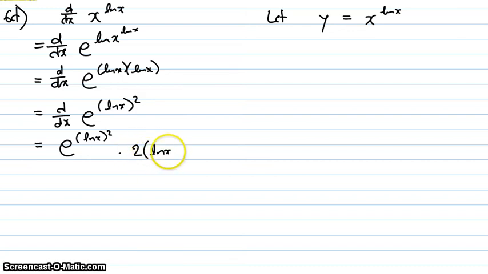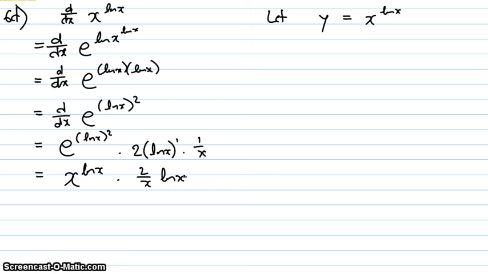Keep ln x constant. Decrease the power by 1. Differentiate ln x, you get 1 over x. So if we simplify, well, we can see from up here that e to the ln x whole thing squared is just x to the power of ln x times 2 over x ln x. So that is our final answer.